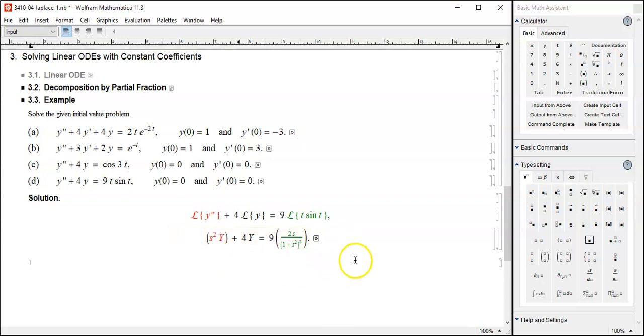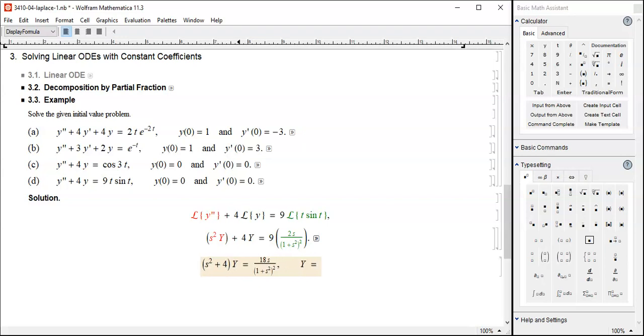So we have s squared plus 4 times Y is equal to 18s over 1 plus s squared, total quantity squared.